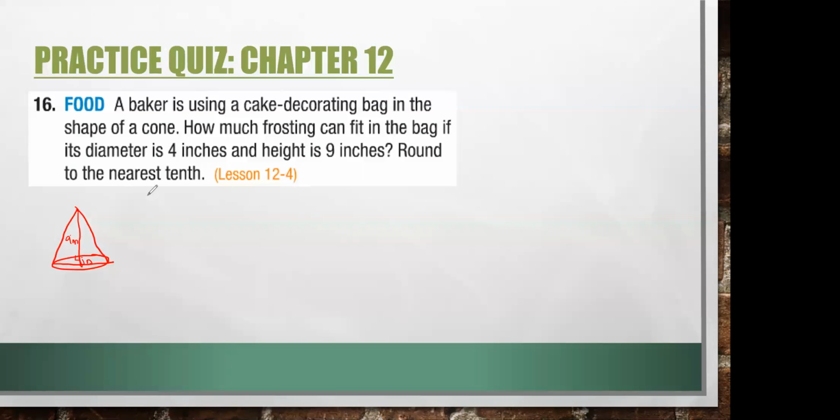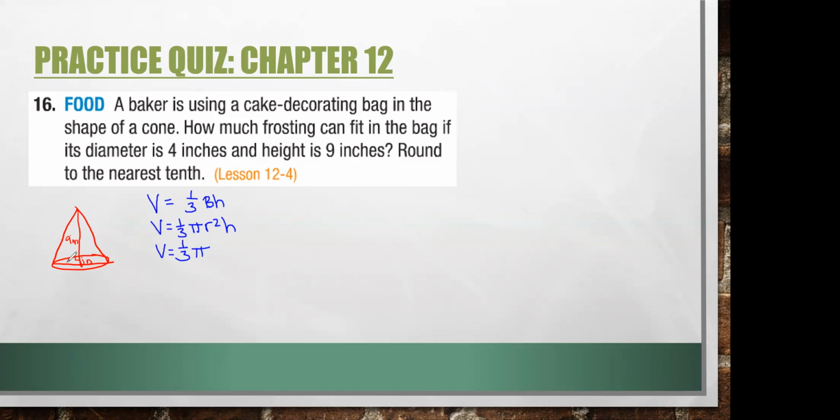Okay, so the formula for the volume of a cone is 1/3 times the area of the base times the height. So remember the base is a circle, and the formula for area of a circle is pi r squared, and then times the height of the cone. So we've got 1/3 times pi.